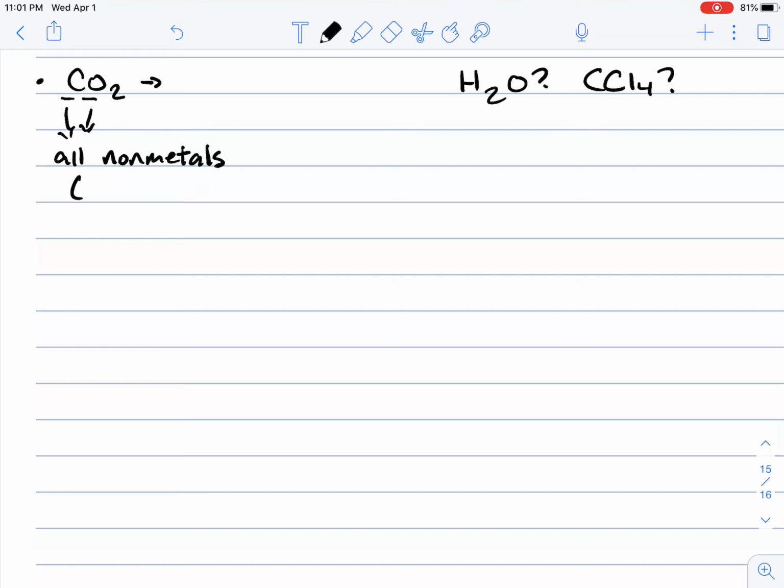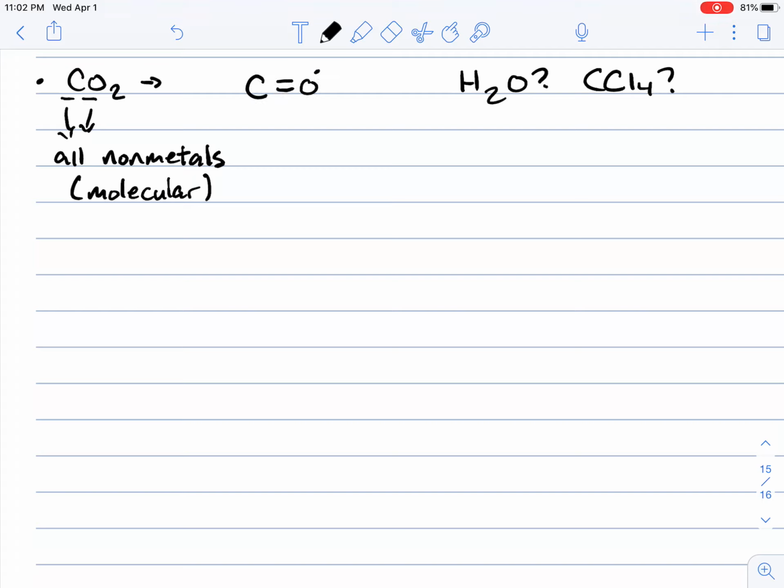And all nonmetals are molecular compounds. And molecular compounds, if you recall from the previous lecture videos, the bonding is going to be covalent. And if the bonding is covalent, then we can go ahead and apply the rules of Lewis structure to draw it.